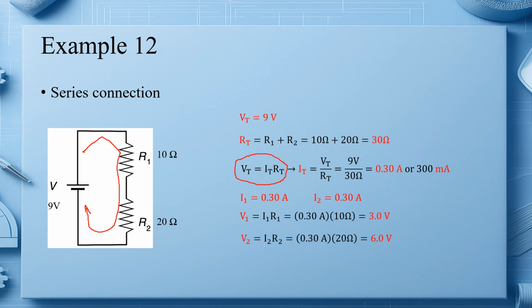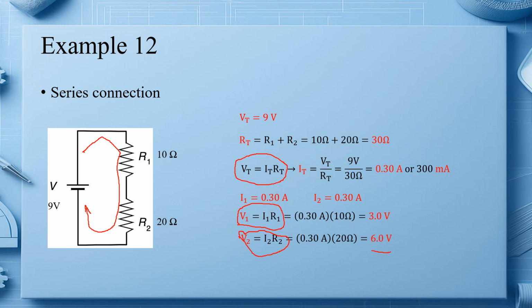We can now calculate the voltages individually, also using Ohm's law. Ohm's law comes in very handy. V1 is equal to I1 R1. We have previously solved for I1, and we also have the given R1. So V1 is equal to 3 volts and V2 is equal to 6 volts.